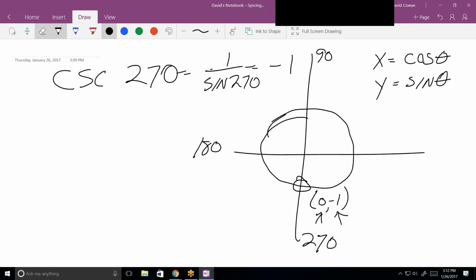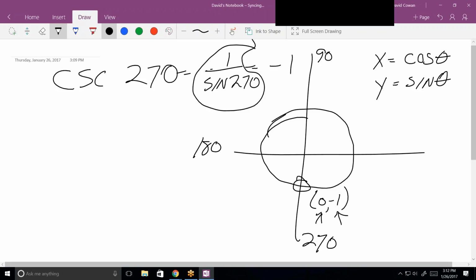Whenever I'm talking about one of those 3 secondary trig functions, the easiest way for me to think about it is to put it in terms of sine, cosine, or tangent, which is what I did there. I put it in terms of sine.